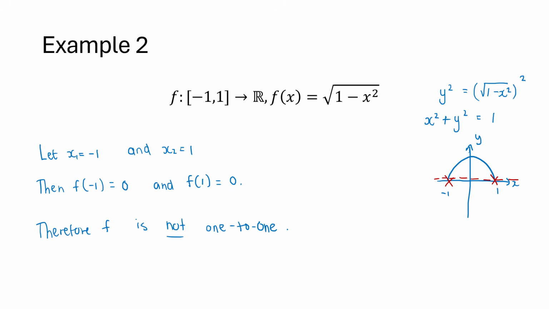We get two different elements from the domain, negative 1 and 1, and they both get mapped to exactly the same element in the range, in the codomain, which is 0.